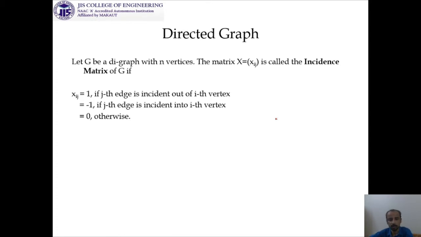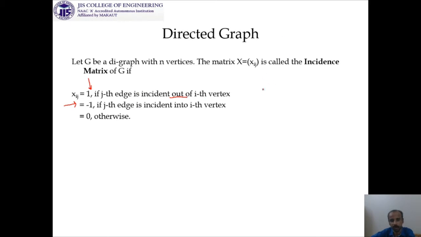It is simply logical that we take 1 and minus 1. 1 means the jth edge is incident out from the ith vertex. This is very important.